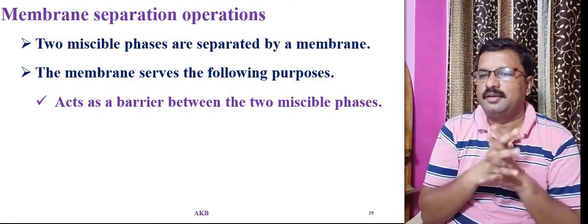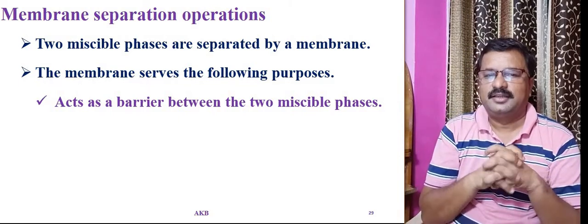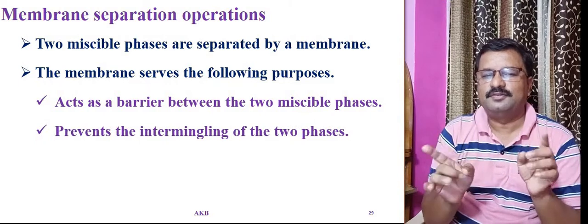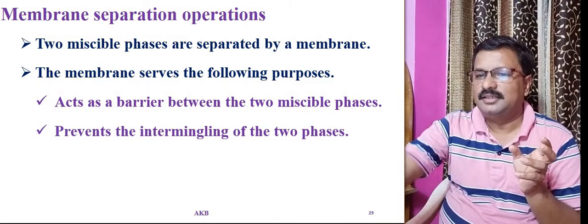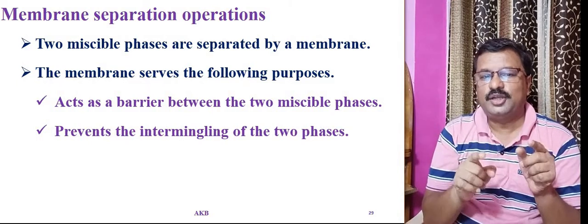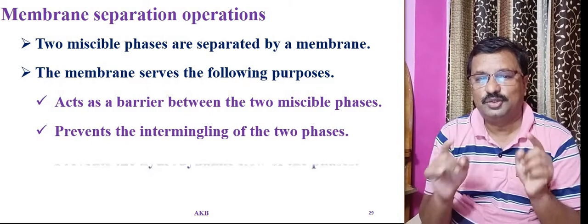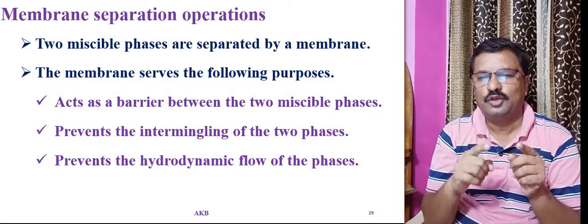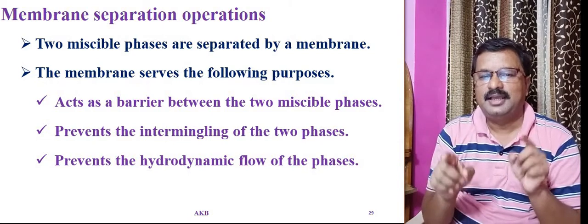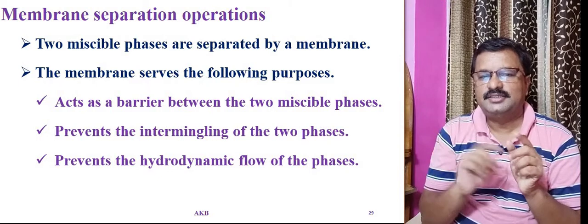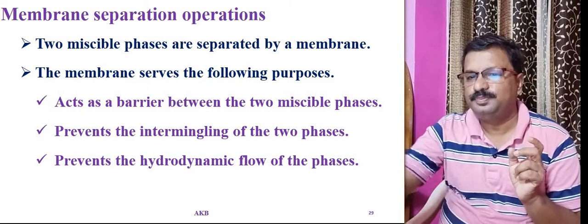Once it acts as a barrier, it will prevent intermingling of the two miscible phases. The other thing is it will prevent hydrodynamic flow of the two phases. Hydrodynamic flow occurs under the influence of a pressure difference, and the membrane will prevent any such hydrodynamic flow.